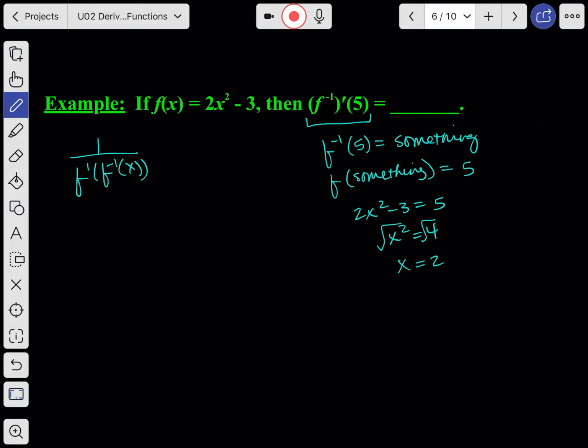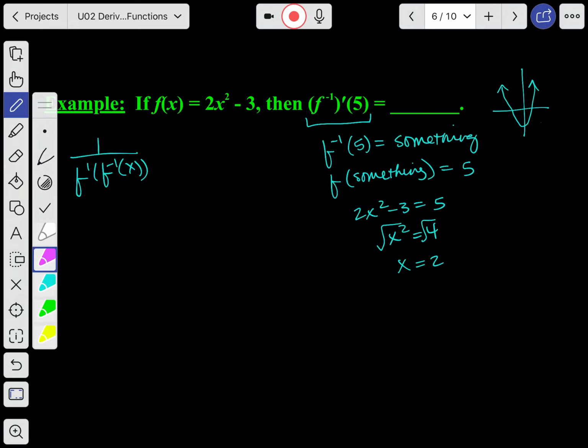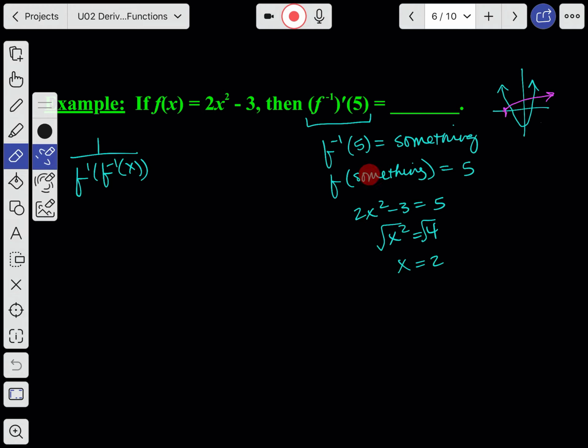Because this is a quadratic, shifted down 3, vertically stretched. There's the function. If I were to draw the inverse, think about the inverse function, it's going to look something like that. That is not a function any longer. So we have to just have one of the pieces, and therefore we're restricting the domain. So we're only going to look at the positive. All right, so we know that that something value is 2.